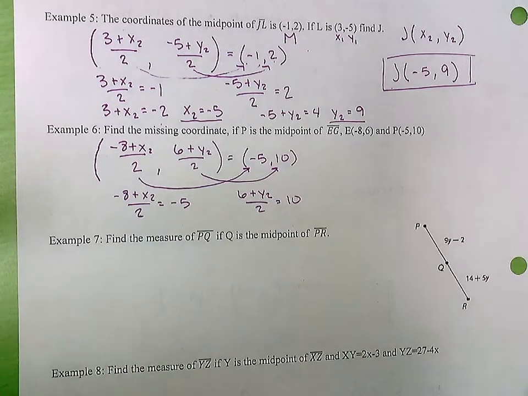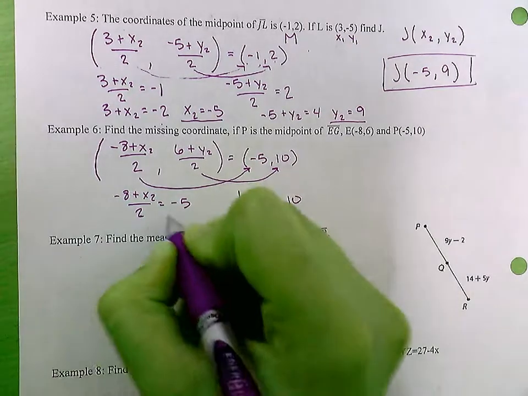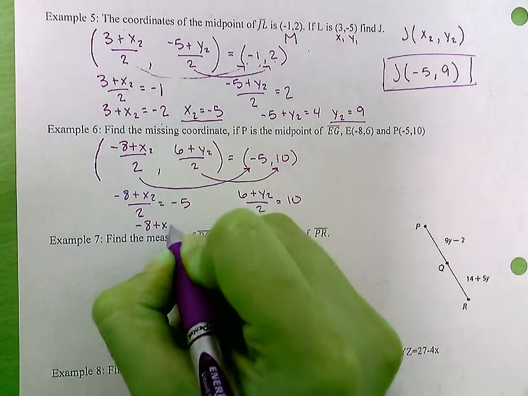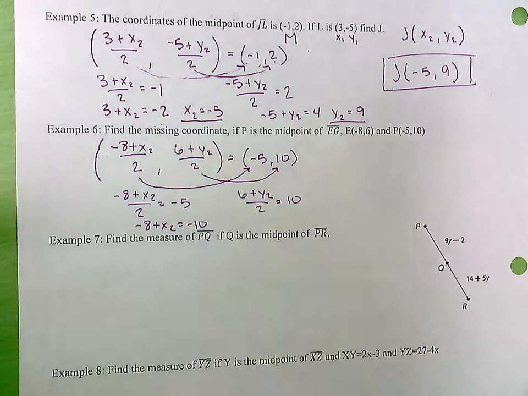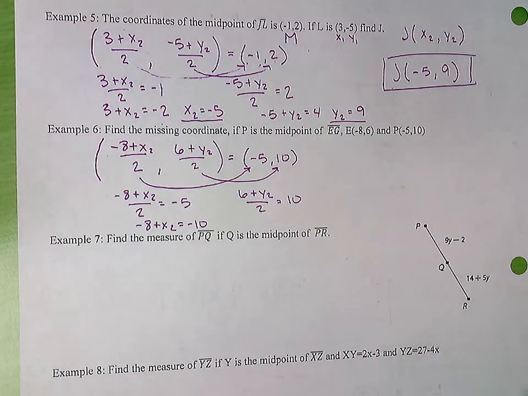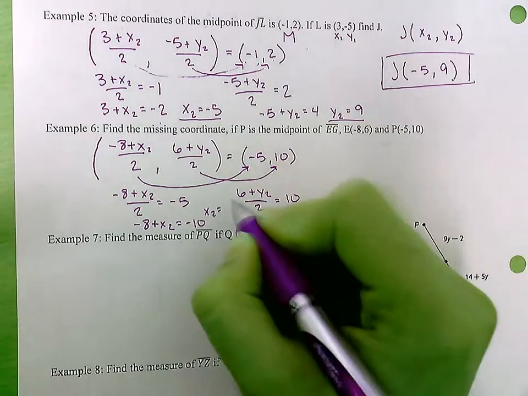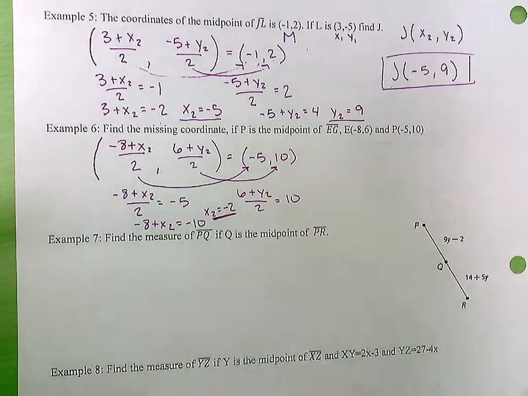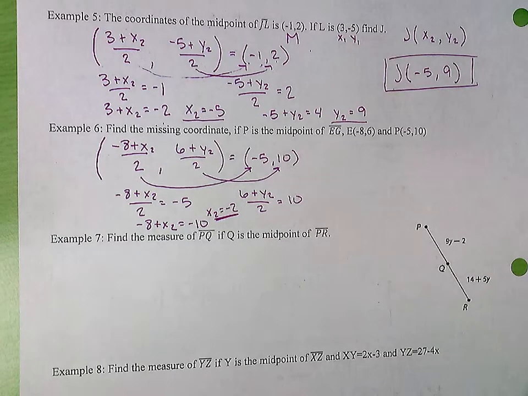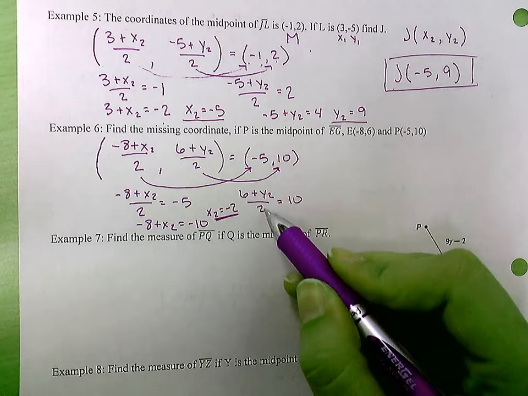Multiply both sides by 2 here. I have negative 8 plus x sub 2 equals negative 10. Add 8 to both sides, and x sub 2 will be negative 2. Ran out of room there. Okay, then over here, same thing.